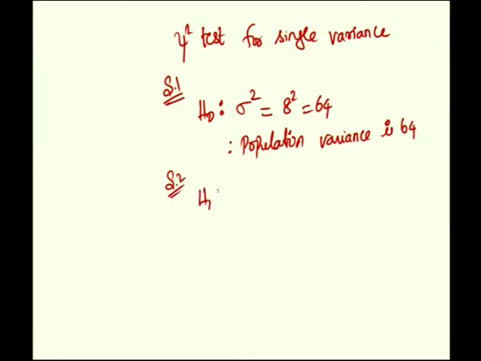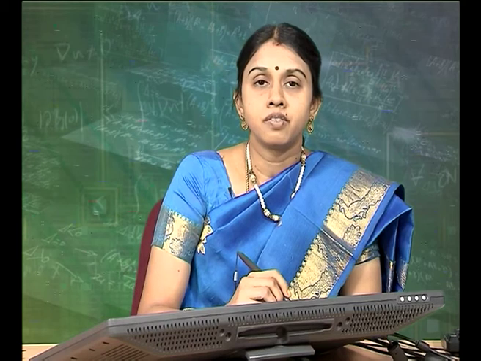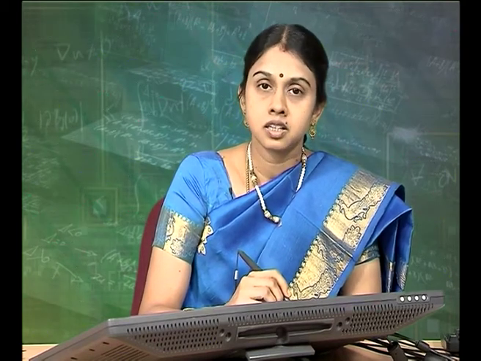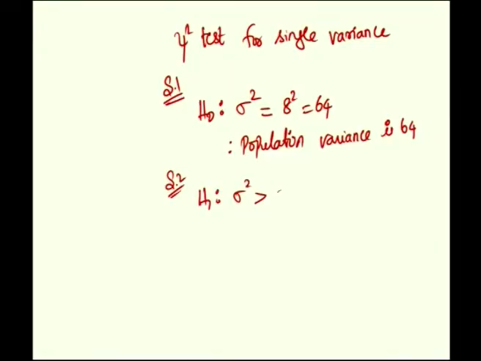Then, in particular, the question is asked to verify whether population variance is greater than 64. So, specified, it is a one-tailed test. So, sigma square will be definitely greater than 64, not equal to possibility and lesser possibility is ruled out. Therefore, it is a one-tailed test.